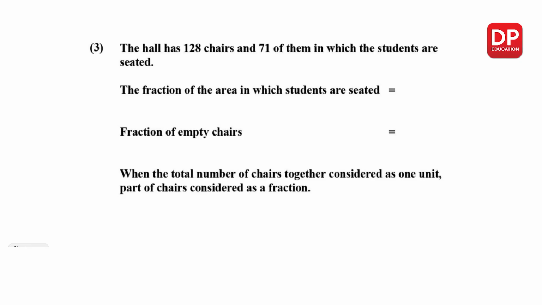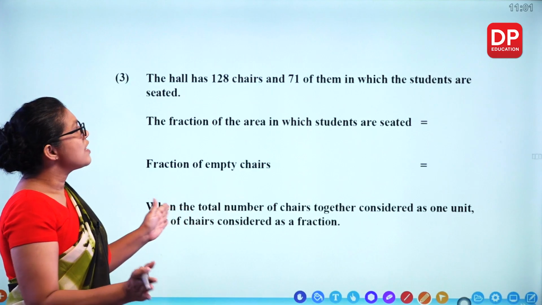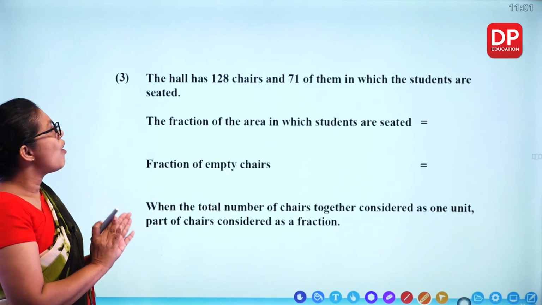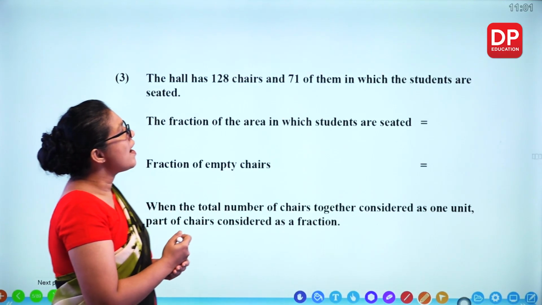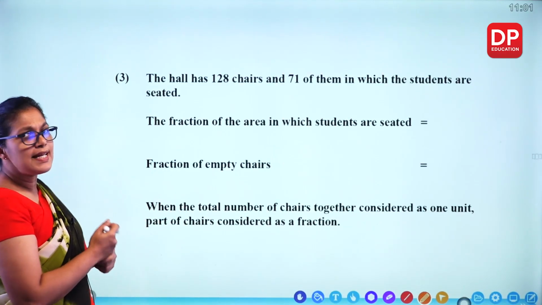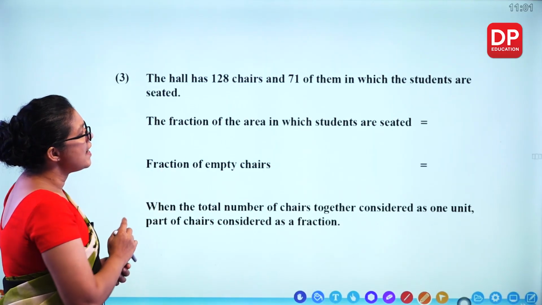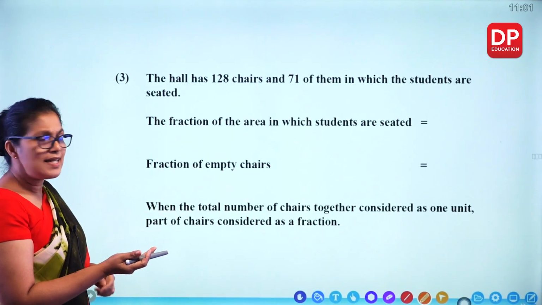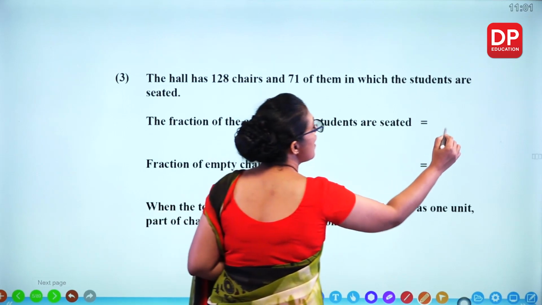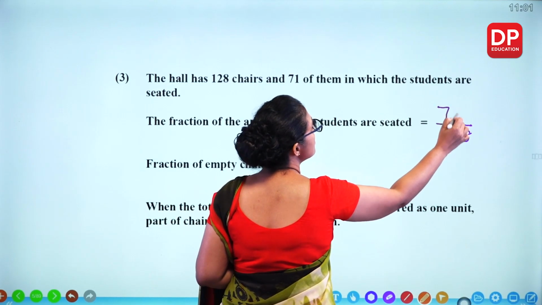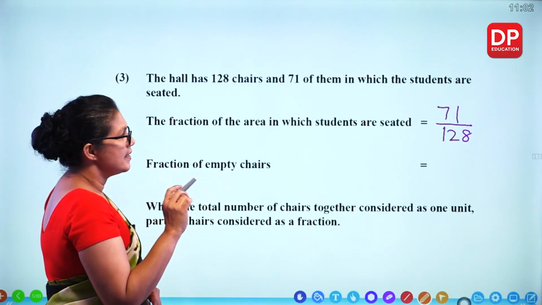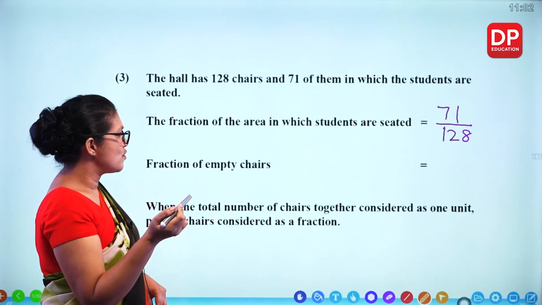We'll take another example. The hall has 128 chairs. So when you take chairs as a whole, altogether 128 parts are there. 71 of them are where the students are seated. The fraction of chairs in which students are seated, that means out of 128 chairs, 71 chairs are occupied. So 71 out of 128.